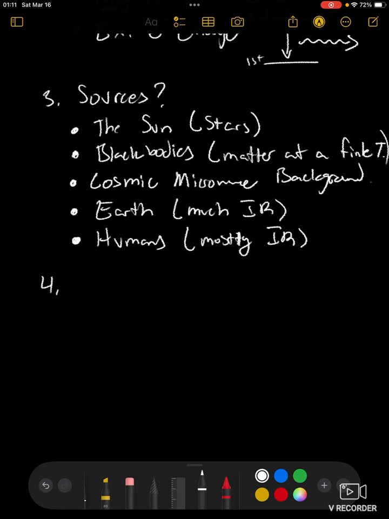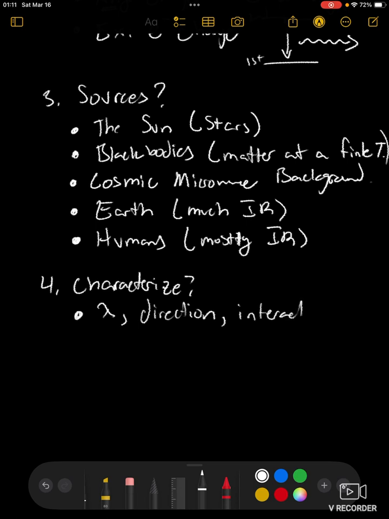So now what are some ways to characterize radiation? Well, wavelength is one, direction, that's pretty important. Interactions in matter between atoms or particles.